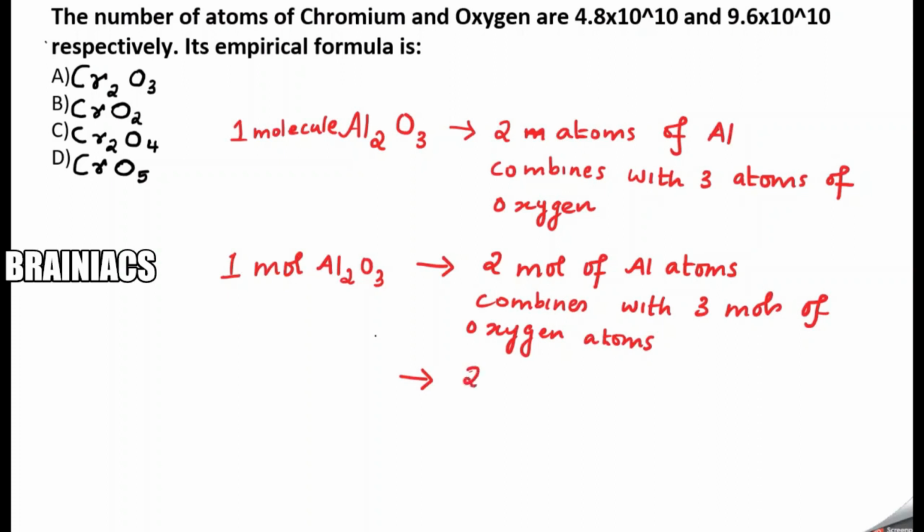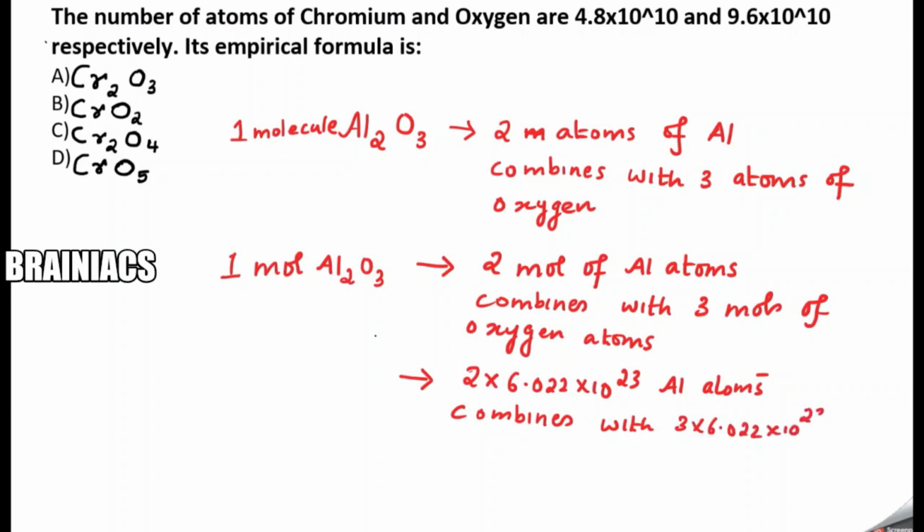So I can write 2 into 6.022 into 10 power 23 aluminum atoms combine with 3 into 6.022 into 10 power 23 oxygen atoms, correct? I have explained all these things for your understanding.